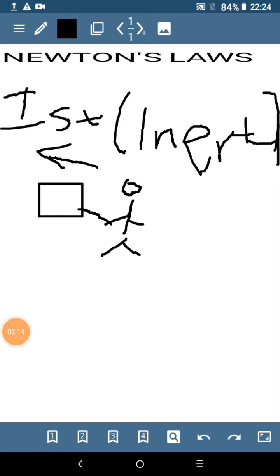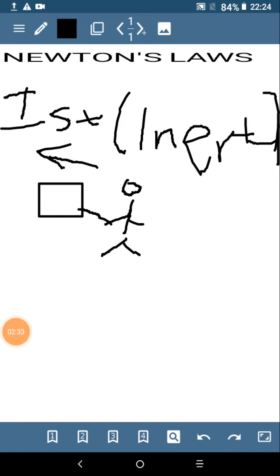Newton's first law states that the box will try to resist the change. It will not want to move. It was at rest, to mean that its velocity is 0. It will not want to move, guys. It will remain at rest.